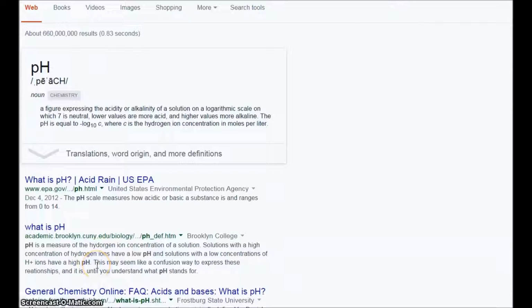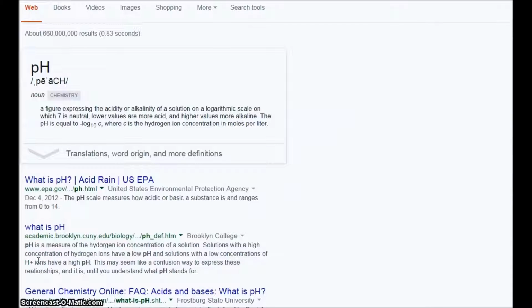So there's more OH. See, it's actually hydrogen ions and hydroxyl ions. So HOH is water.